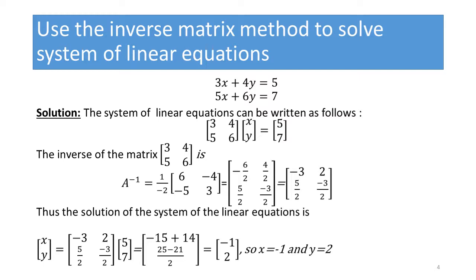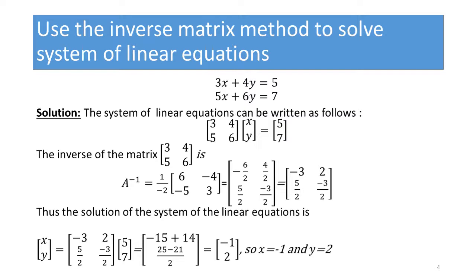So we multiply first row, first column: minus 15 plus 14. The next one is 25 by 2 minus 21 by 2. So minus 15 plus 14 is minus 1. 25 minus 21 divided by 2 is 4 by 2, that is equal to 2.